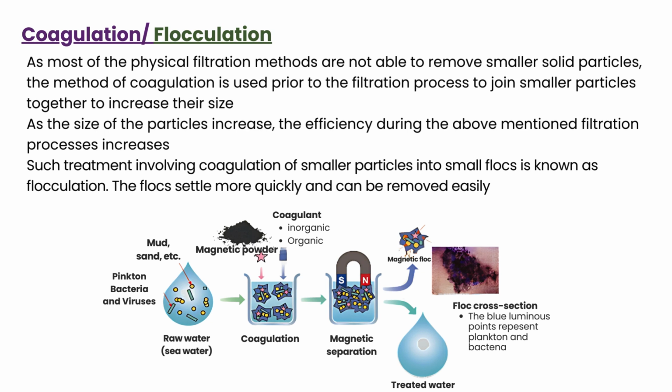Mud, sand, etc. are coming. Then we have plankton, bacteria and viruses. Coagulation is putting them down. We are using magnetic separation, and this magnetic floc is cleaning up, and you are getting treated water. This is all right now for the physical separation.